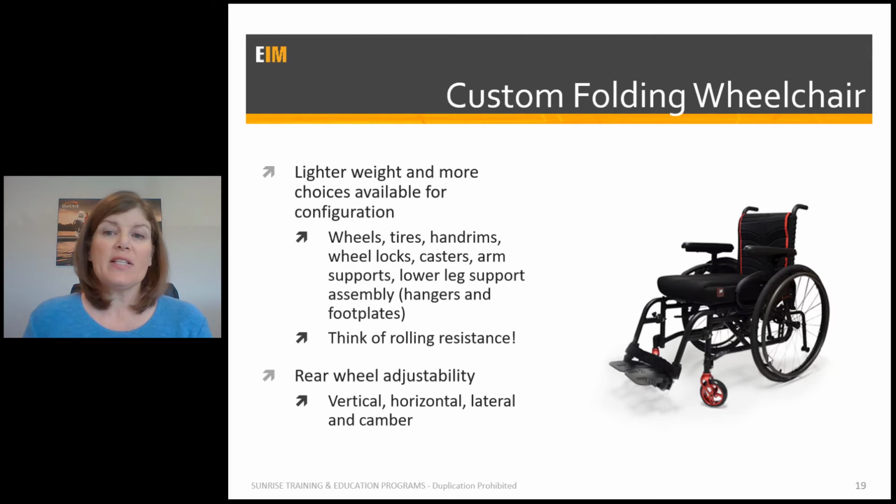Now, when we move to custom folding wheelchairs, we have more adjustability in the rear wheel. So not only that vertical adjustability, but also horizontal adjustability for center of gravity. We have some lateral adjustability, as well as the ability to add in some camber to the rear wheel. And I'll talk a little bit more about each of these.